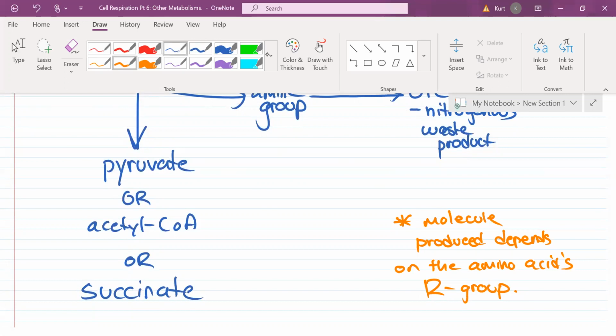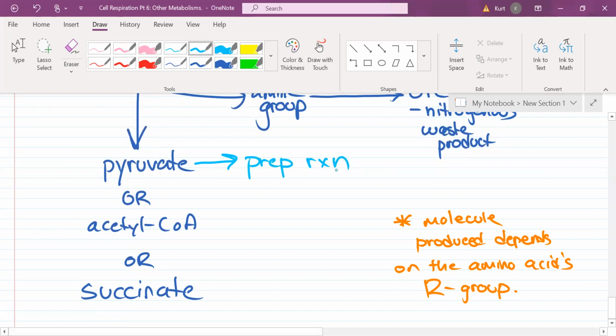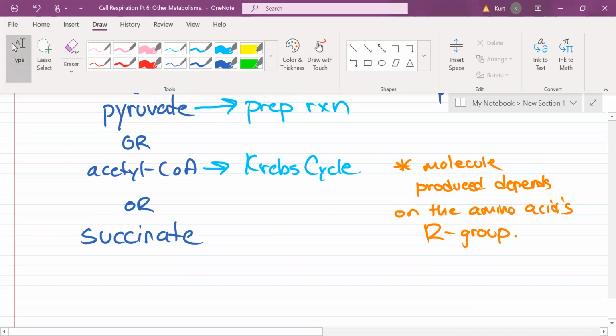So I want to ask you all, we're coming to a close here. If an amino acid was converted to pyruvate, where would it enter cell respiration? The prep reaction. Good. If an amino acid was converted to acetyl coenzyme A, where would it enter cell respiration? Good. And if succinate was formed from an amino acid, where would succinate enter?